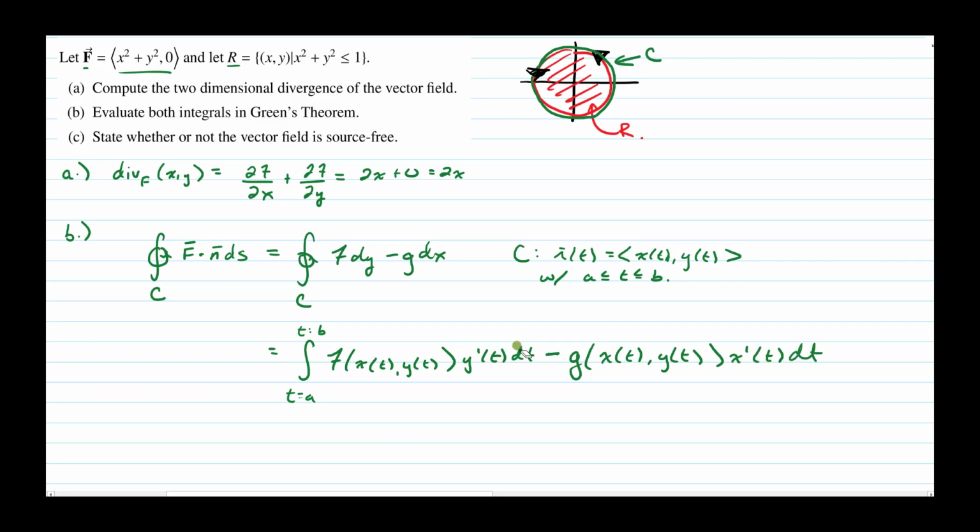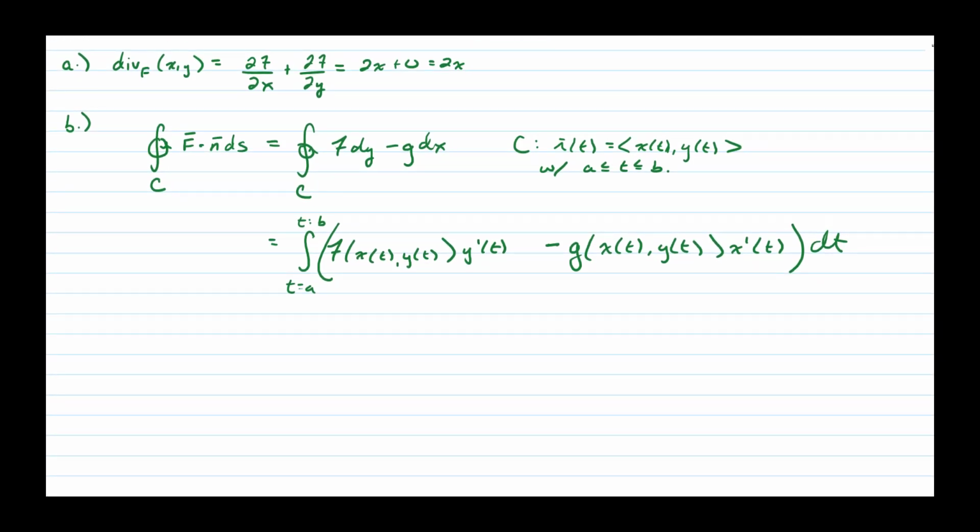Or if we like, we could pull the dt's completely out. So double check that all I've done here is parameterize the first coordinate function with x of t and y of t, the second coordinate function with x of t and y of t, and I've replaced dy with y prime of t dt, and I've replaced dx with x prime of t dt. So everything's under the parameterization, including our limits of integration.